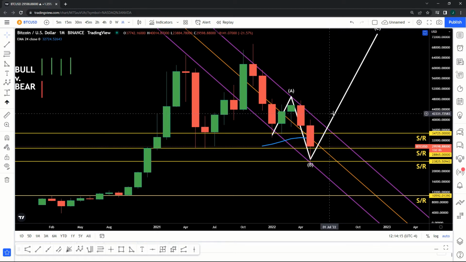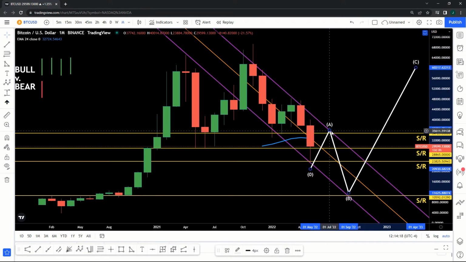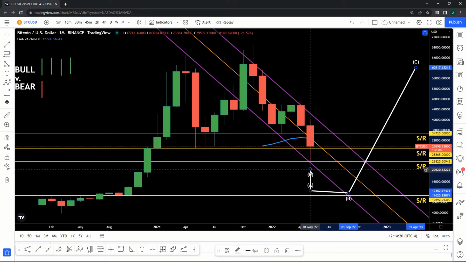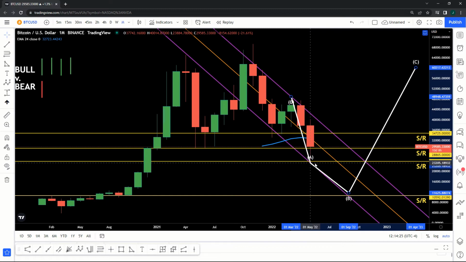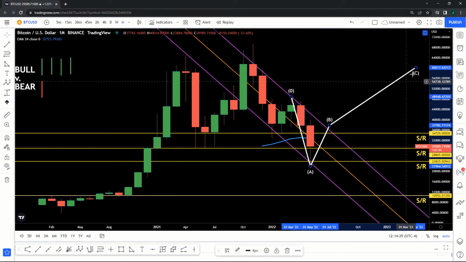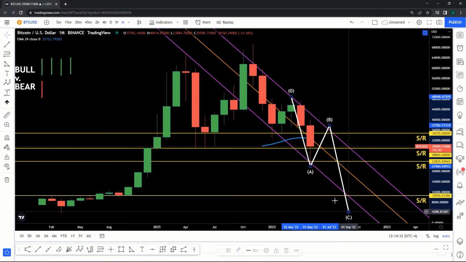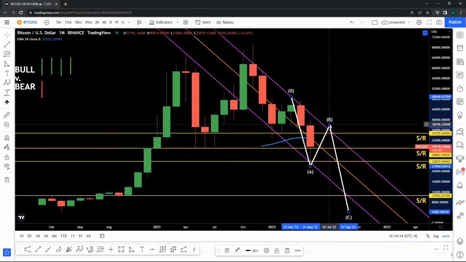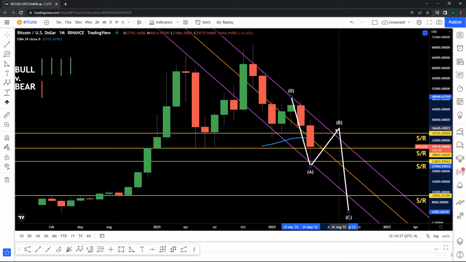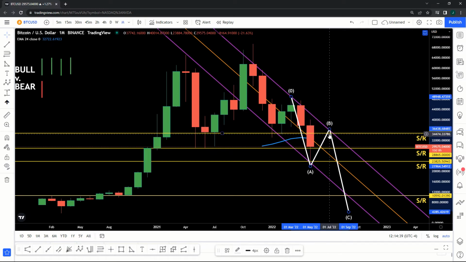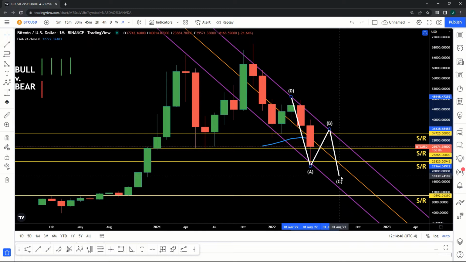So let's, how come I can't grab it? Okay, let's reset. So now here is this swing high to swing low, right? So if that's the low, the next leg up would be a bullish pattern, but then would most likely get rejected here at resistance and then come back down to a lower low, right?